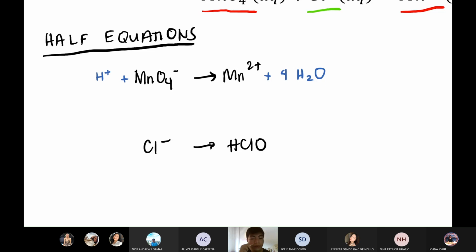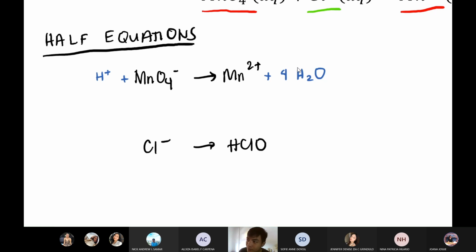Di ba sabi ko kanina, when balancing hydrogens, you add H plus. Okay? So, ganon. Again, balance the unique atoms. Manganese muna. Then, kapag balance na sila, oxygens naman. 4 oxygen dito, sa kabila, wala kanina. So, since 4 yung oxygen dyan, you add 4 H2O here.